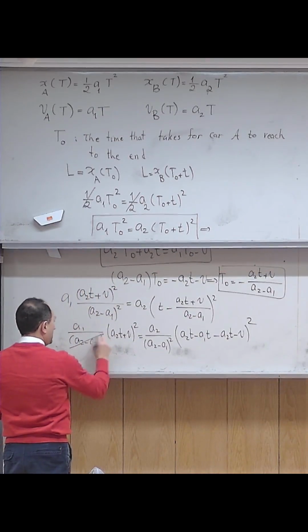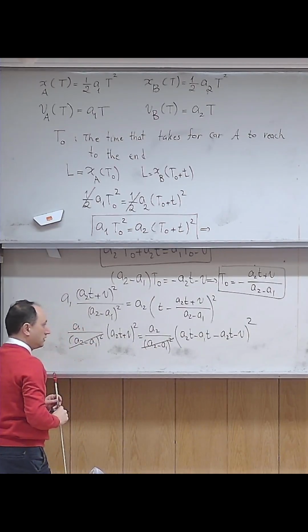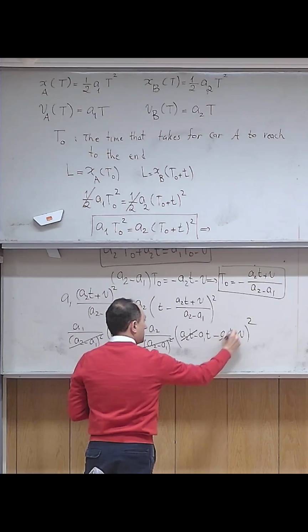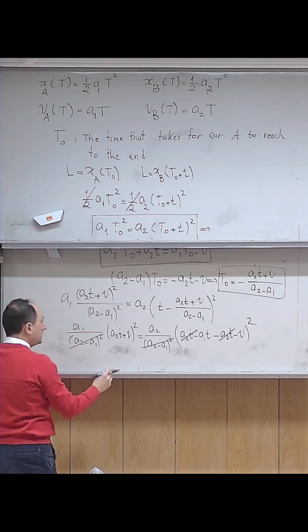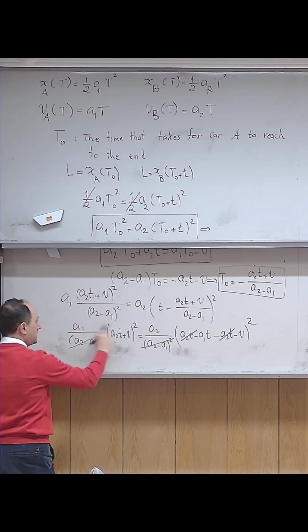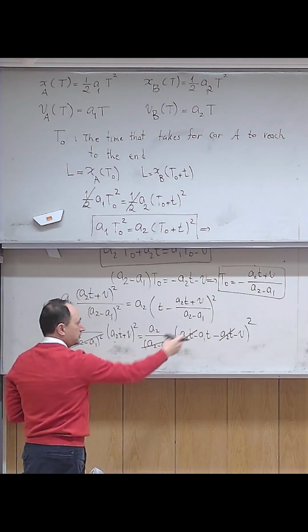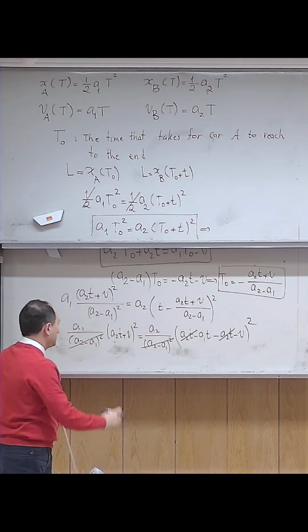First of all, this denominator and that denominator are gone. This A2T and minus A2T are gone. So the only thing we can do now is to raise this to power 2, multiply, and then do the same thing there and simplify. That's the only thing we can do.